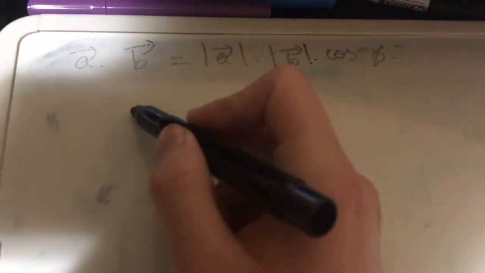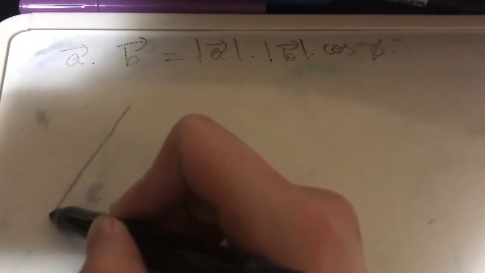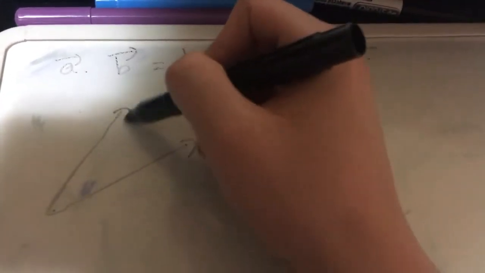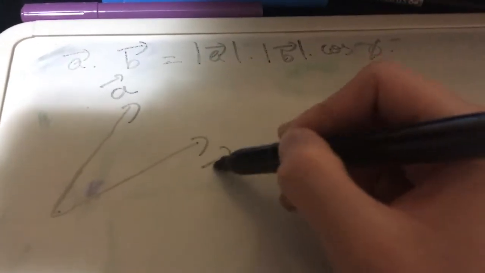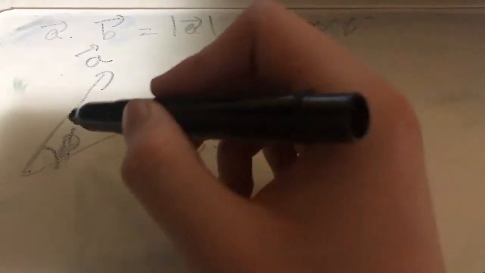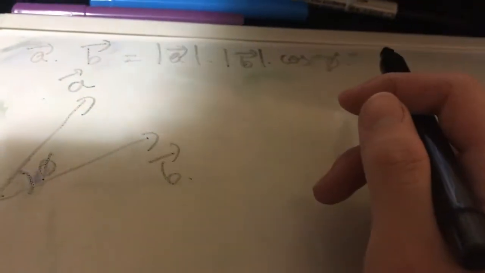So let's just visualize to get a clearer picture. Okay, so vector A is in here, vector B is in here, and delta is in here.